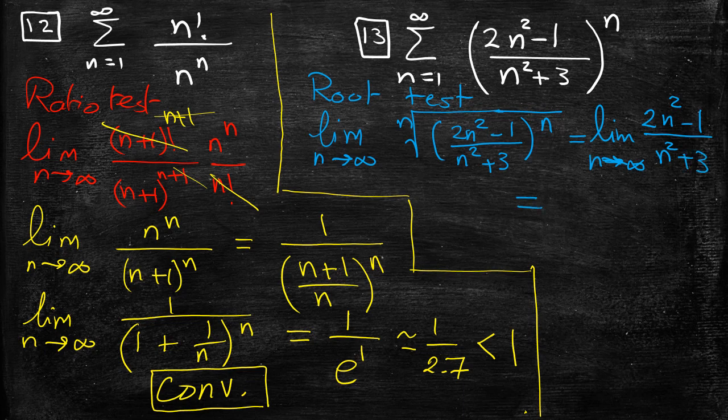With the same degree in both polynomials, numerator and denominator, it will be the coefficient over the coefficient. This 2 is greater than 1. So in the root test or ratio test, if we are comparing with 1 and the value is greater, it means my series right now is a divergent series.